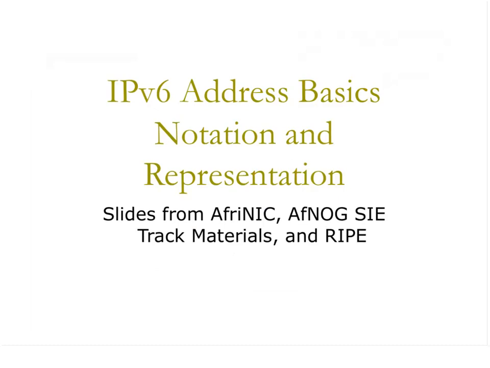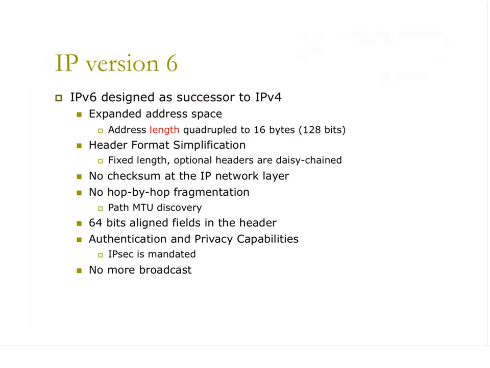Okay, so I'll talk about IPv6 address basics, and I'll also talk about IPv6 address types, just to make sure everyone's on level ground in terms of understanding the IPv6 notation, representation, and also the types that are available. So IP version 6, as you all know, is a successor to IP version 4.